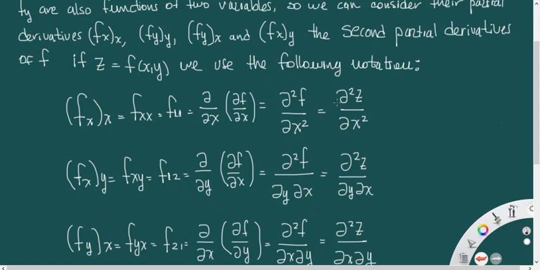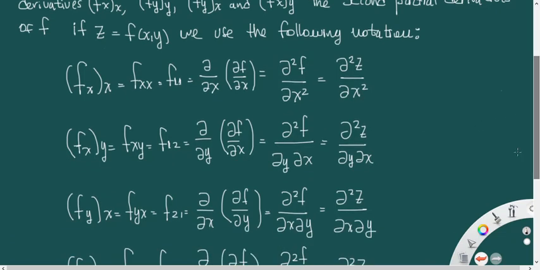So the only way to keep you from being confused is explaining in this brief summary what the notations are for partial derivatives of different types.